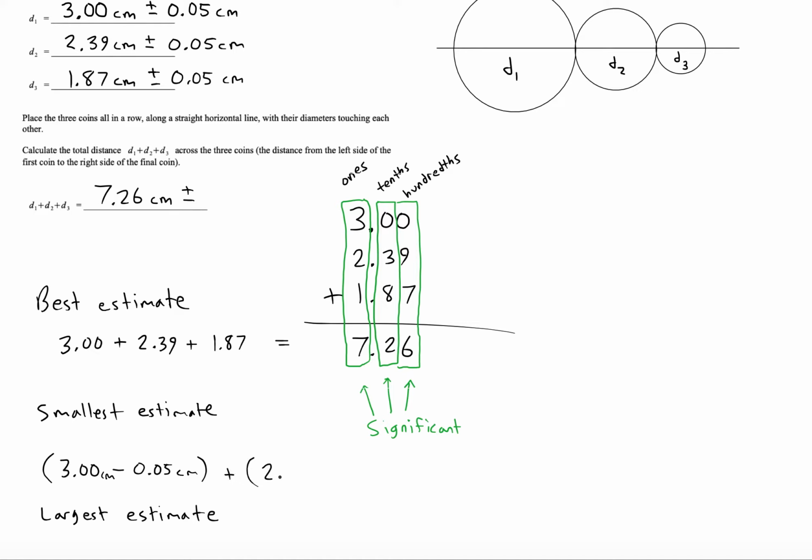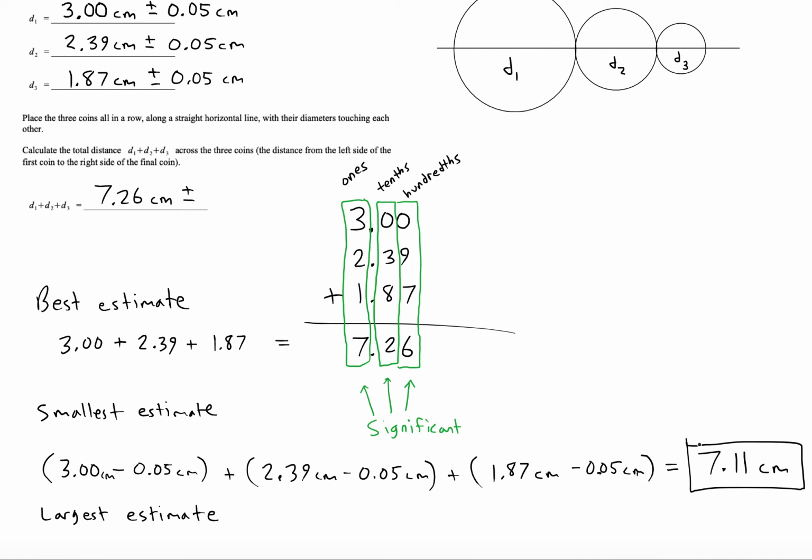And then take your quarter, subtract its uncertainty, and you get the smallest diameter that the quarter might have there, and do the same thing for the penny. All right, let's see what that gives us. That gives us 7.11 centimeters as our smallest estimate.